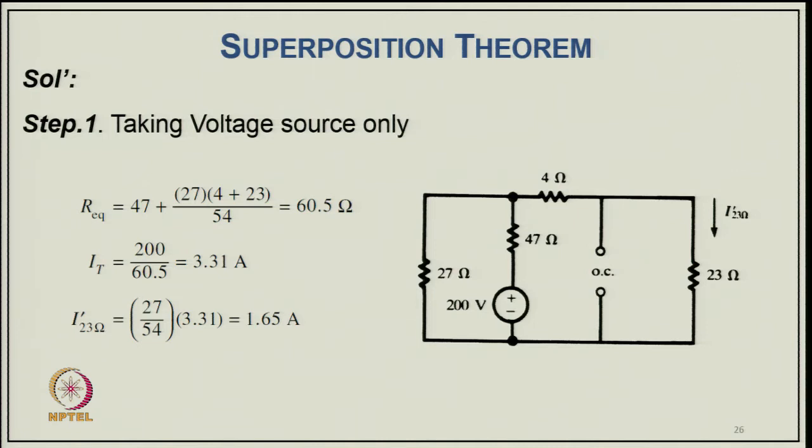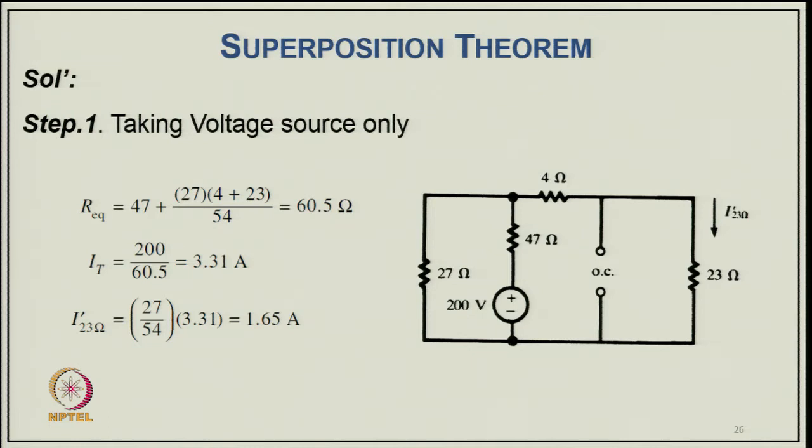Taking this circuit, now we can find the different currents. The total equivalent resistance across the source is 47 ohm as a series resistance, followed by 4 plus 23, 27 ohm, and then this in parallel with the addition of 27. So, the total resistance comes to 60.5 ohm. Now we can find IT, the total current from the source, that is 200 volt divided by the total resistance of 60.5, that is 3.31 ampere.